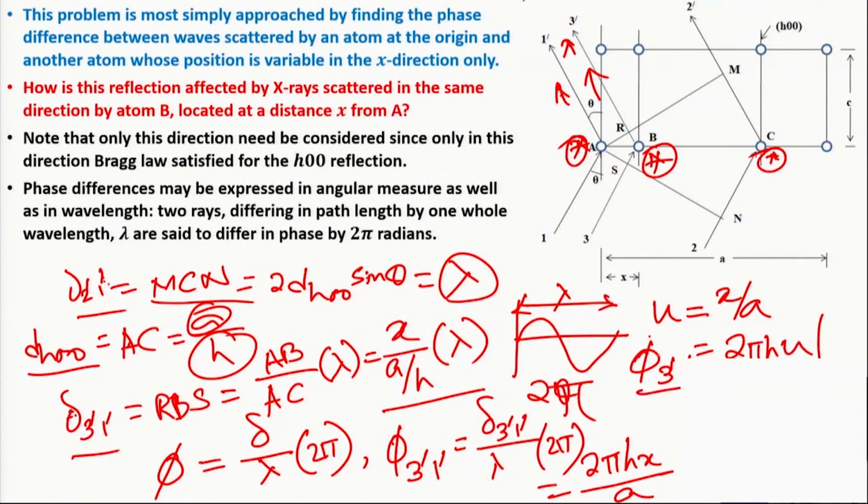So this is the final relation: the phase difference between two rays, one coming from the origin and one coming from any arbitrarily placed atom, any other atomic plane. One is the atomic plane for which Bragg's condition is satisfied, and the other is an arbitrary set of atoms placed anywhere in this drawing. The phase difference between them we can find from this expression.